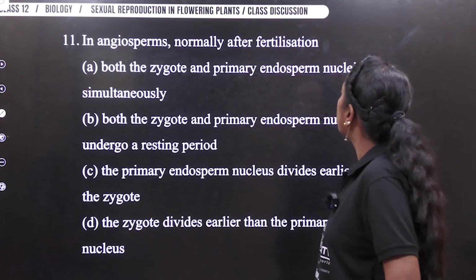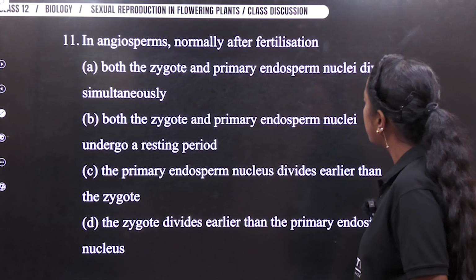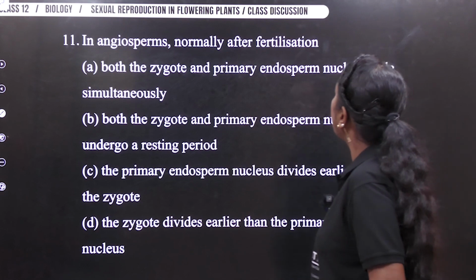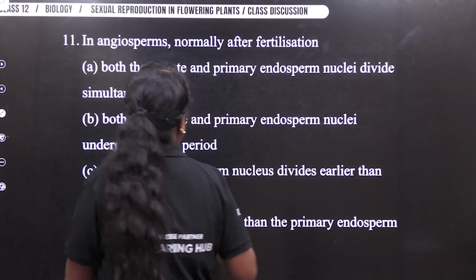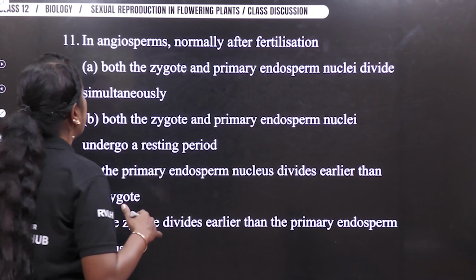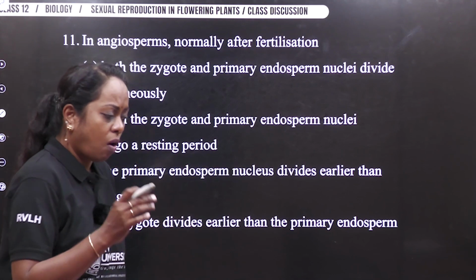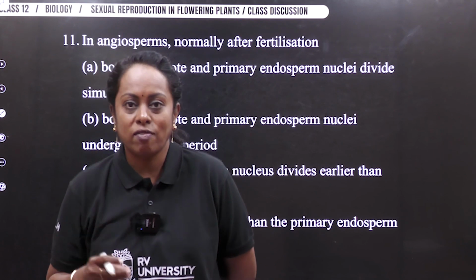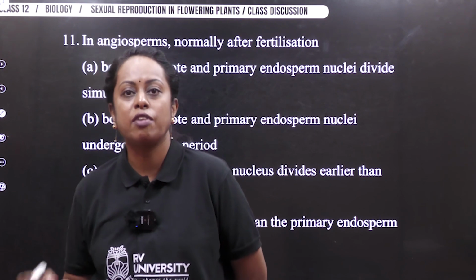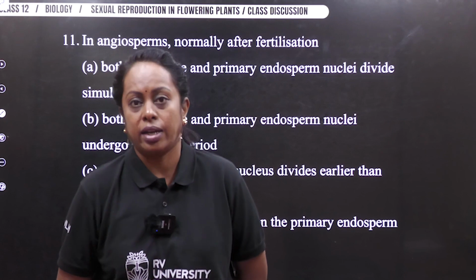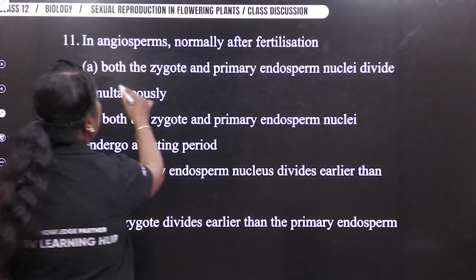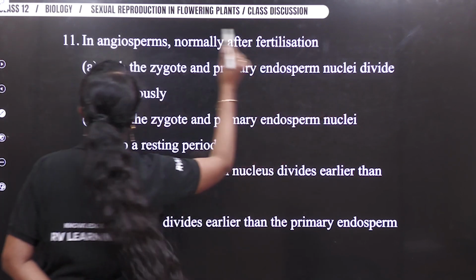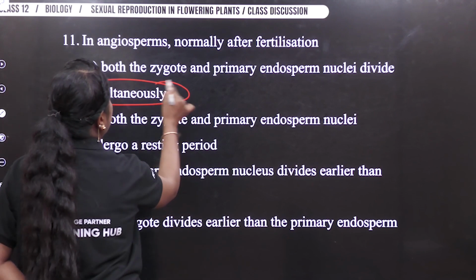Next, in angiosperm, normally fertilization. Okay, normally after fertilization, what did we study? Zygote develops first, or endosperm develops first? Endosperm has to develop first so that the food is ready for the zygote to divide. So the zygote and primary endosperm nucleus divide simultaneously.